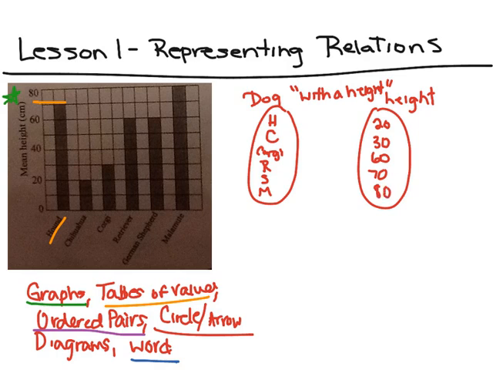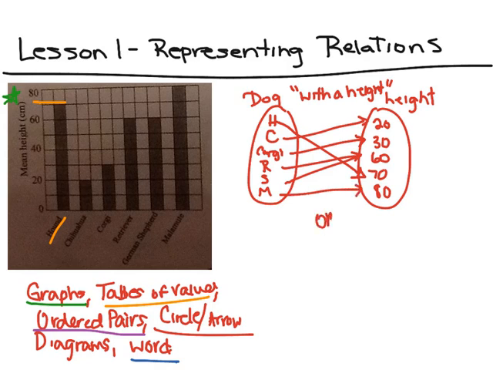Now to draw the arrows, you take from your hound to 70 and draw your arrow. That's our first one. From the Chihuahua to 20. From the Corgi to 30. From the Retriever, it goes to 60. From the Shepherd, it also goes to 60. And from the Malamute, it goes to 80.